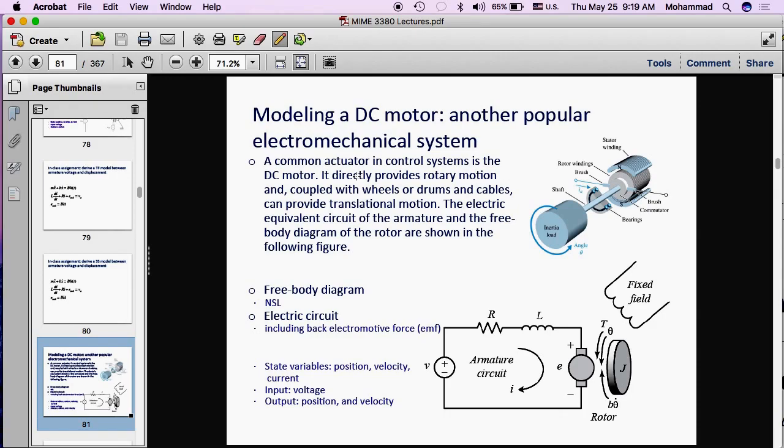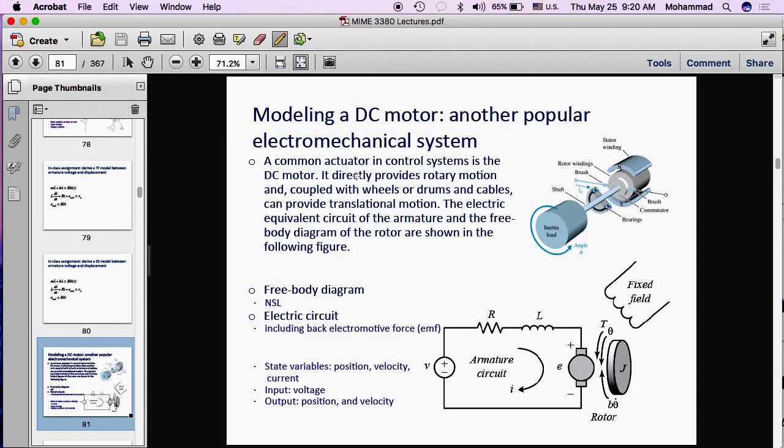So our goal here would be to come up with a model of how this system works. Now you can appreciate that there is the electric side. We have a circuit. We have a source of voltage. The wire winding has a resistance. It also has an inductance. Whenever you create a coil of wire, you create an inductance.